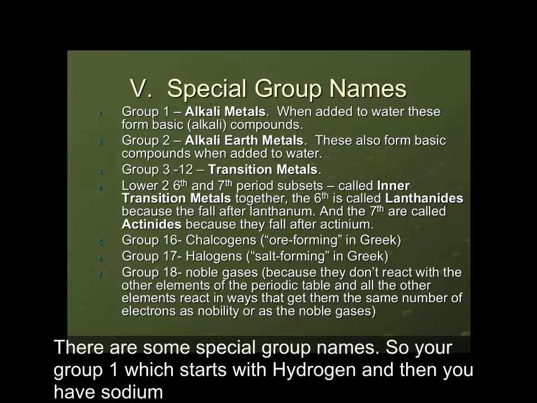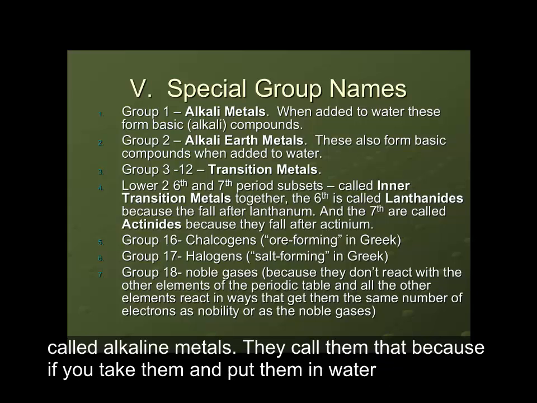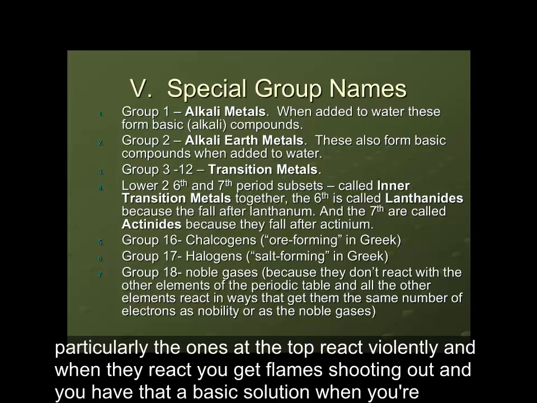There are some special group names. So your group 1, which starts with hydrogen, and then you have sodium. Hydrogen usually isn't lumped with them quite so much since it's a nonmetal, but the rest of them are called alkali metals. They call them that because if you take them and put them in water, particularly the ones at the top, they react violently.